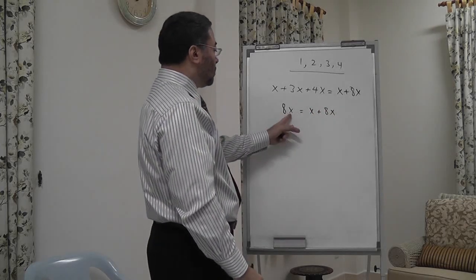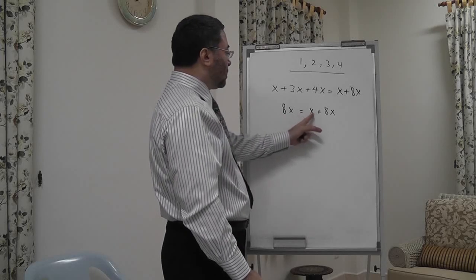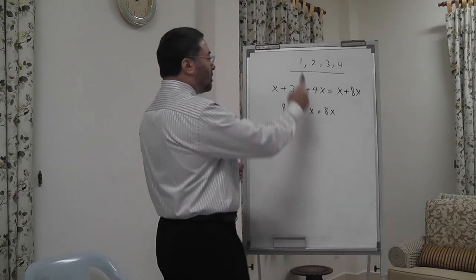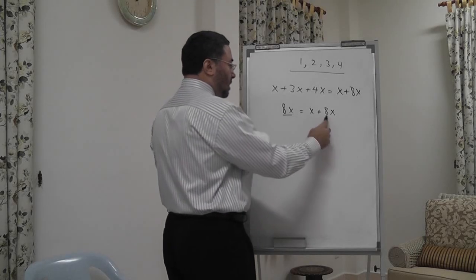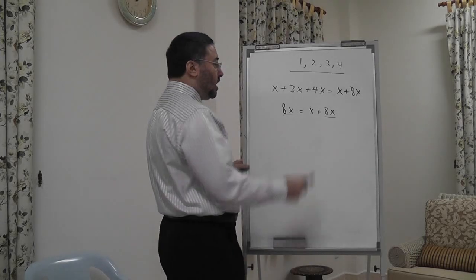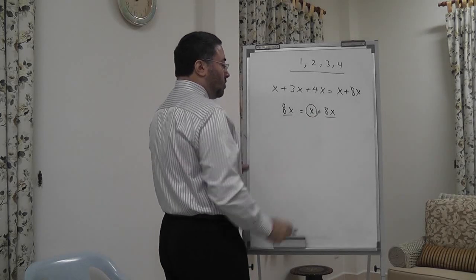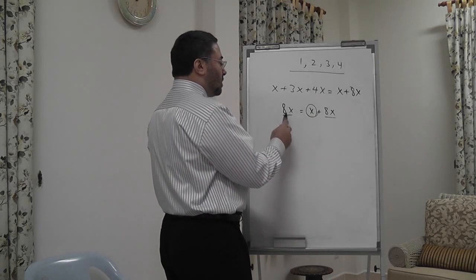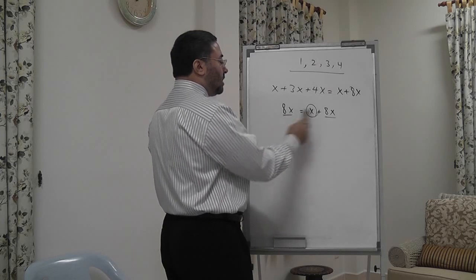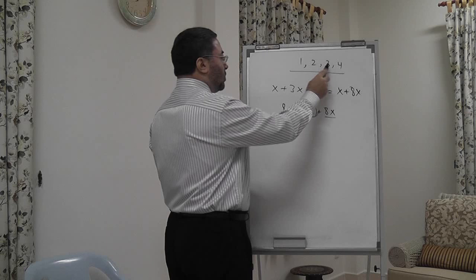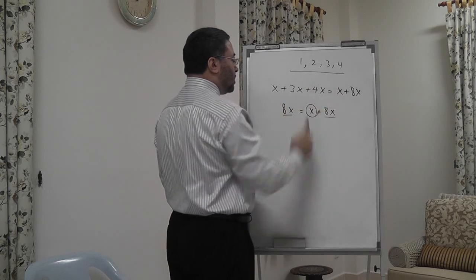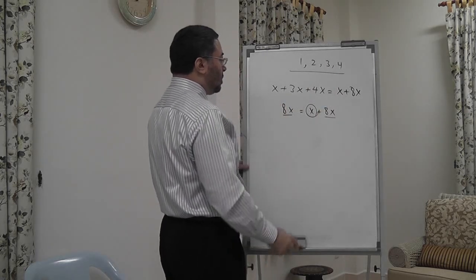Unless x is 0, so we are going to have 0 equals 0 plus 0. Otherwise, for these numbers, this will not fit. We have the same quantity on both sides, and in addition we have another quantity added to it. So they cannot be equal unless, as we said, x is 0. So if we replace x with 1, 2, 3, or 4 in this equation, none of them is going to work.